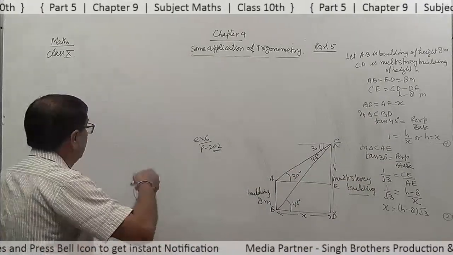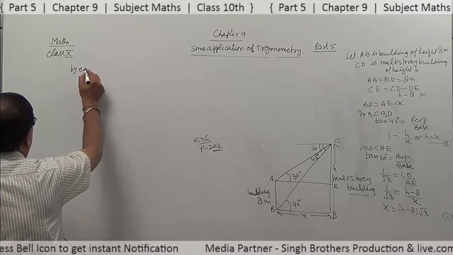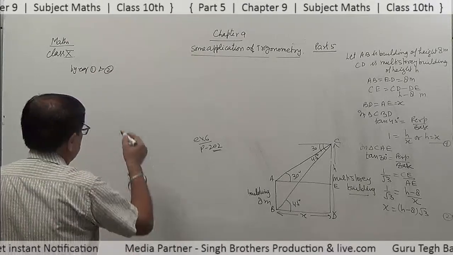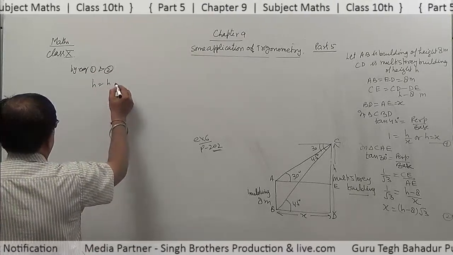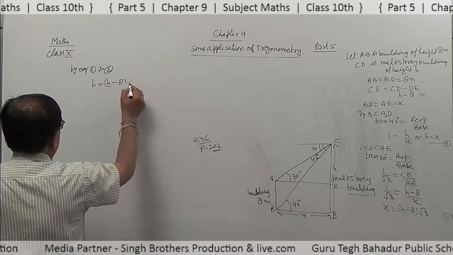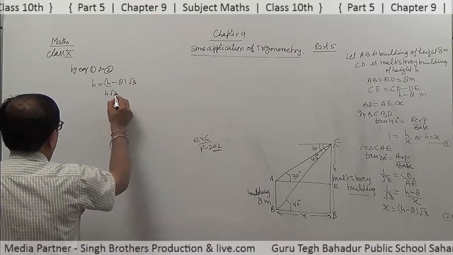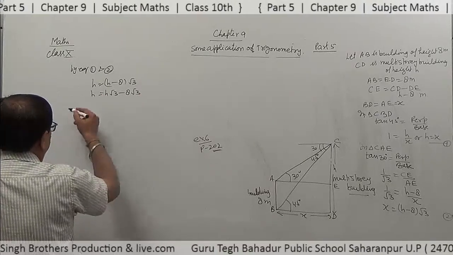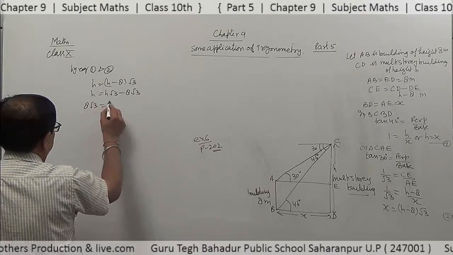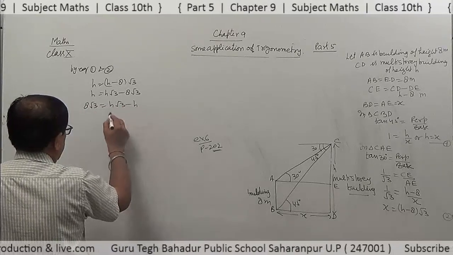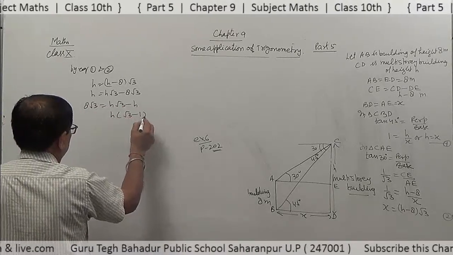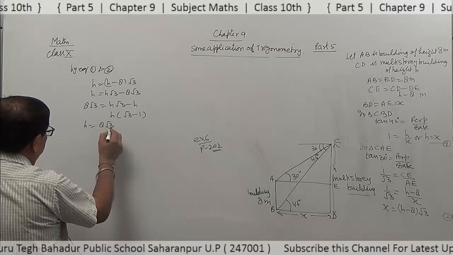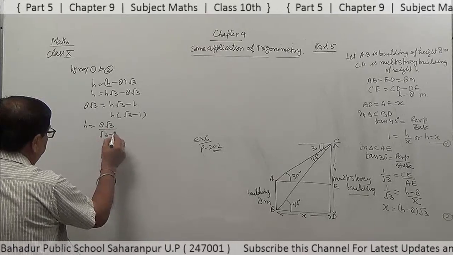By equations 1 and 2, h is equal to (h minus 8) root 3, that is h root 3 minus 8 root 3. Taking h to the right side and 8 root 3 to the left side, taking h common, h is equal to 8 root 3 upon root 3 minus 1.